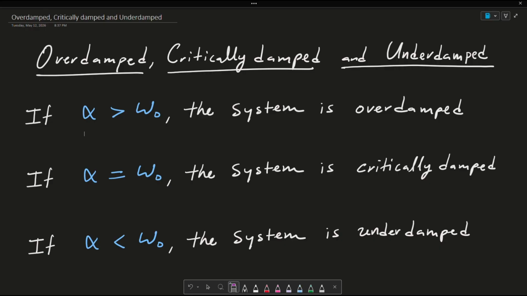where the criterion for the overdamped system is when this alpha, or my damping factor, is greater than this omega naught, which is the resonant frequency.